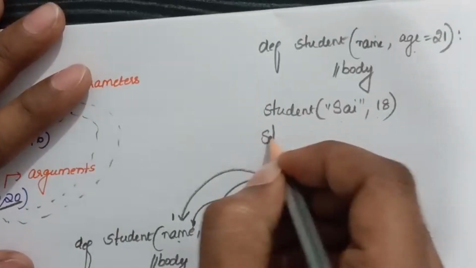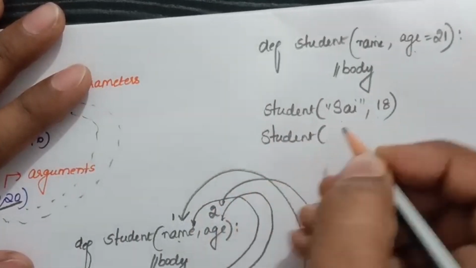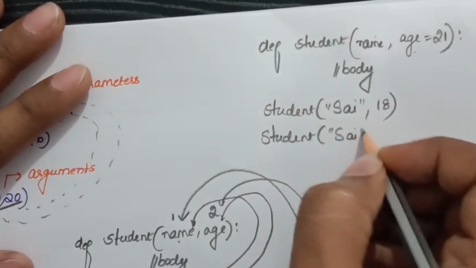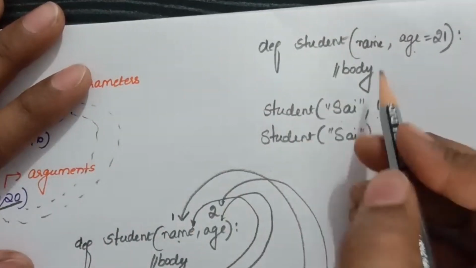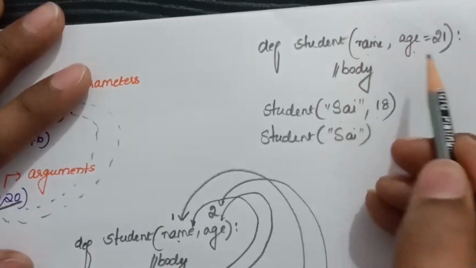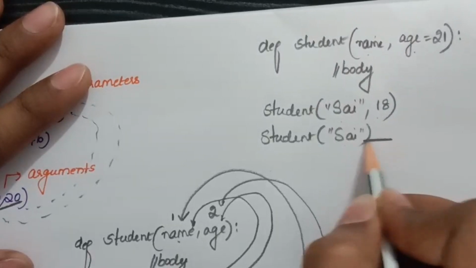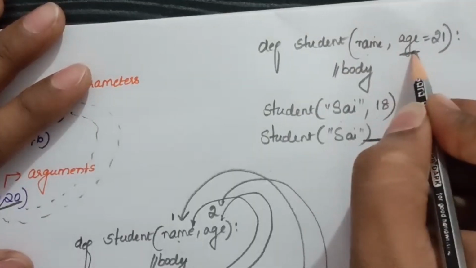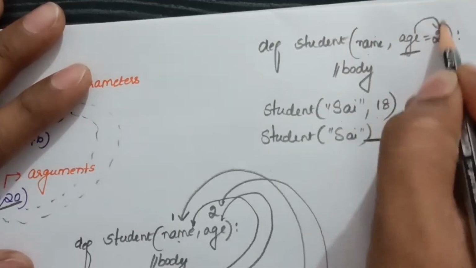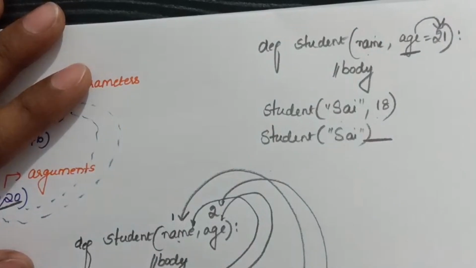Let's say I call the function like this, student, just I will pass one parameter now. What will happen? Sai will get stored in variable name, but since there is no second argument being passed to that function, age parameter will take the default value, that is 21.